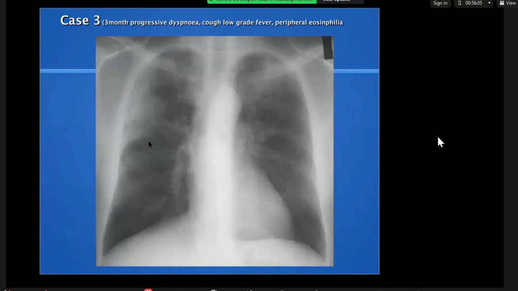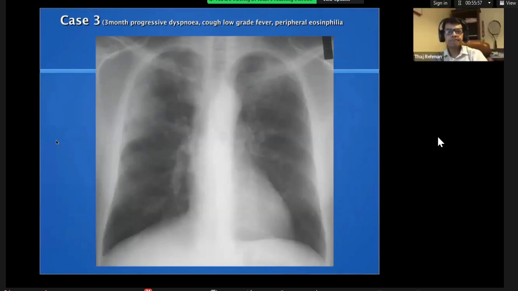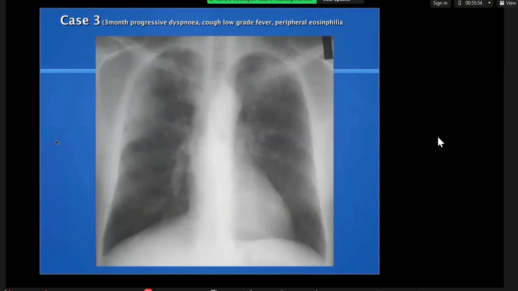So I've again given you history. So again, I've got a frontal radiograph with a history of chronic low-grade fever and cough. So I can see there's upper zone predominant peripheral airspace opacification, sparing the lung bases, no hilar or mediastinal lymphadenopathy, no mediastinal shift. And it's a history of 3 months.